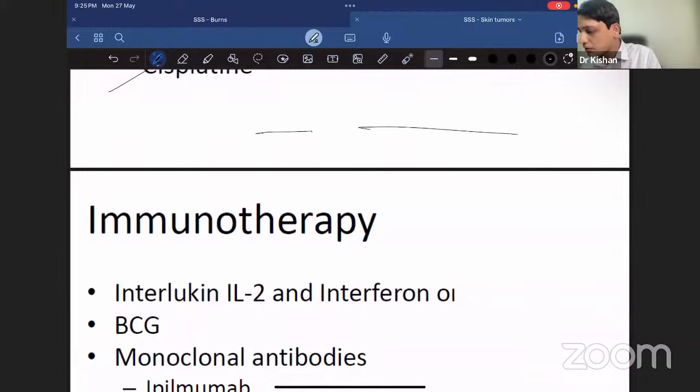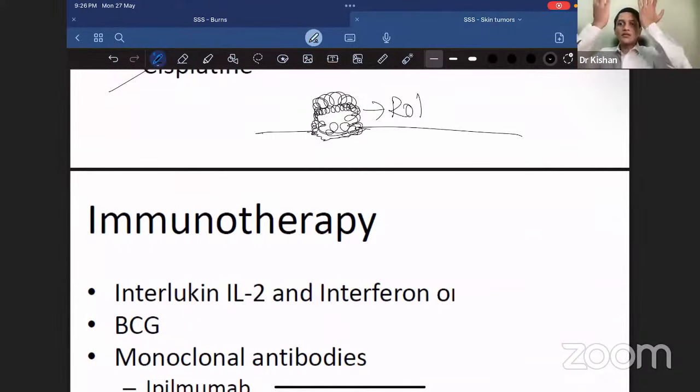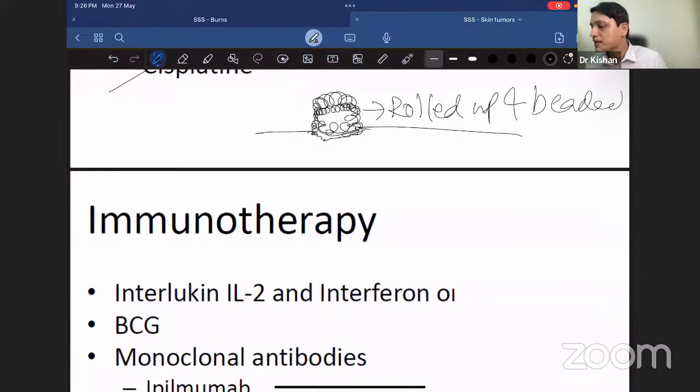This is the skin, and you have a BCC here, and the tumor grows vertically like this. So this is called rolled up from the below surface. The tumor has rolled up, and the surface looks beaded. This is the classical feature of BCC.